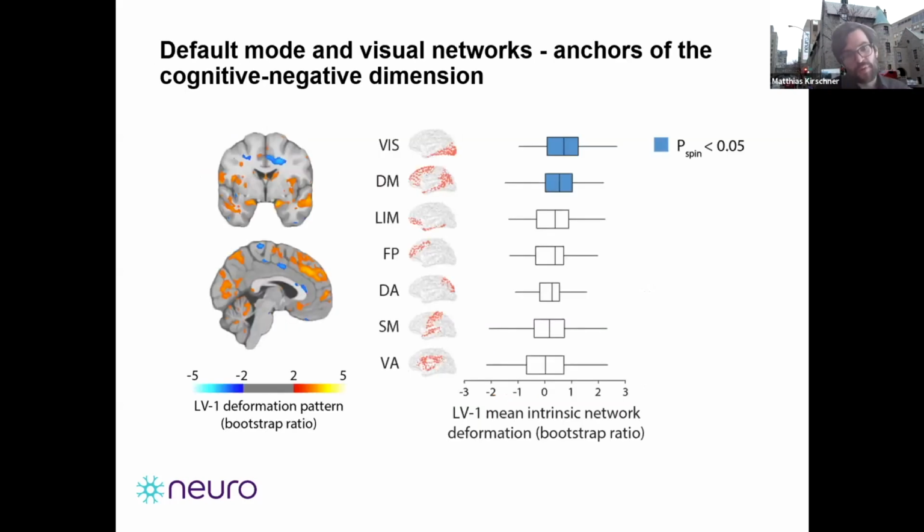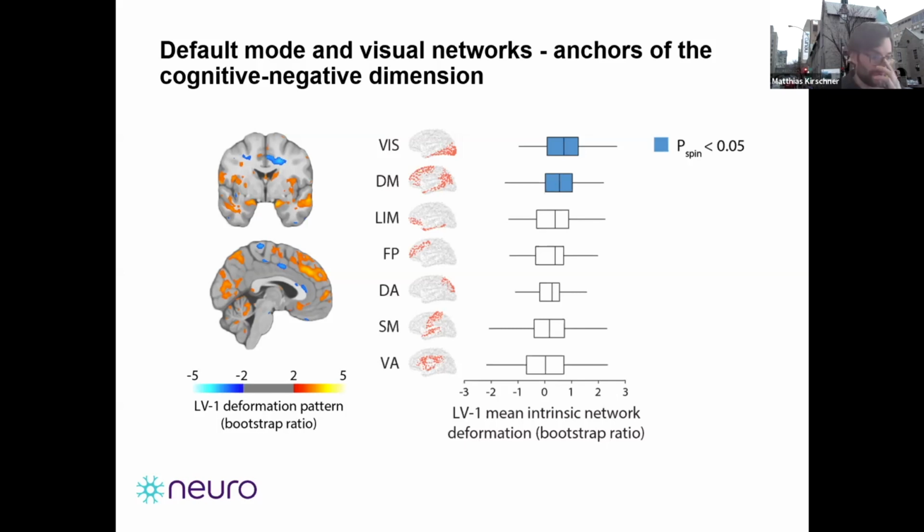In the next step, we were interested in identifying whether the brain deformation of this first latent clinical variable can be explained by well-established functional networks. So we took our brain map and looked at whether our brain deformation map is strongly related to one of the well-established networks.